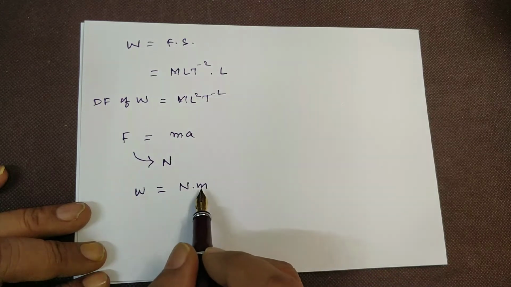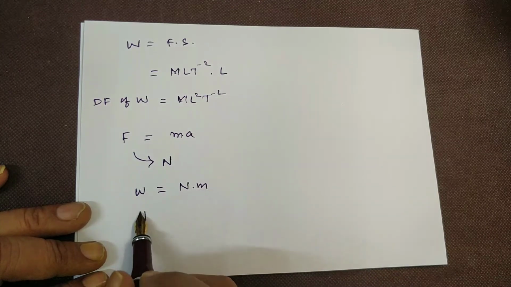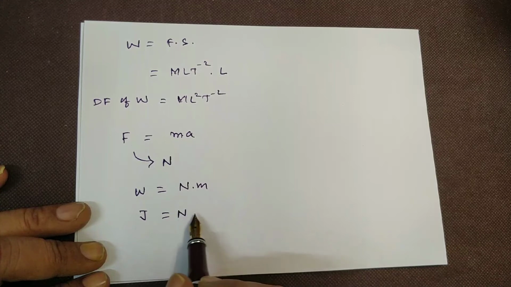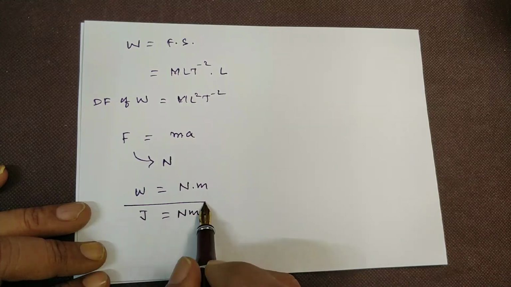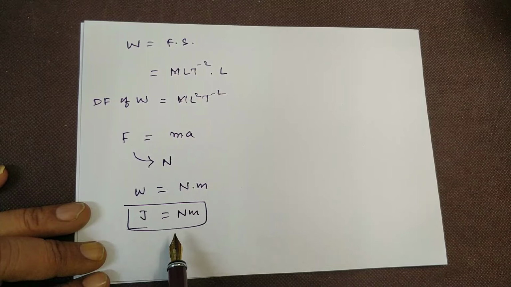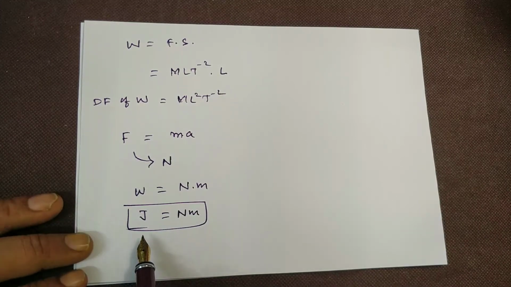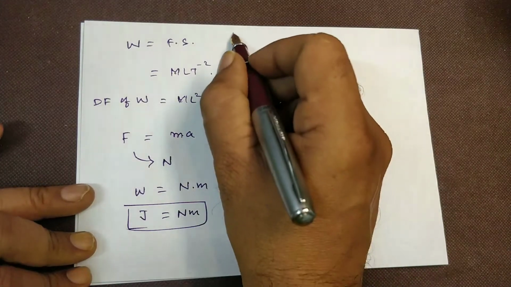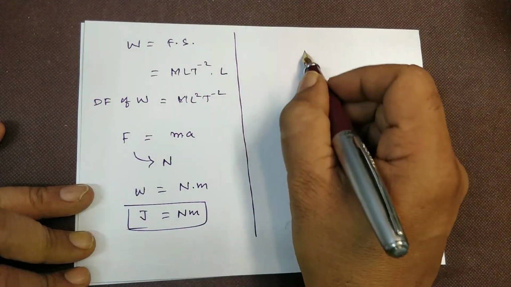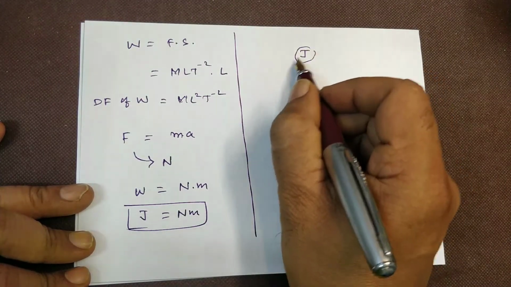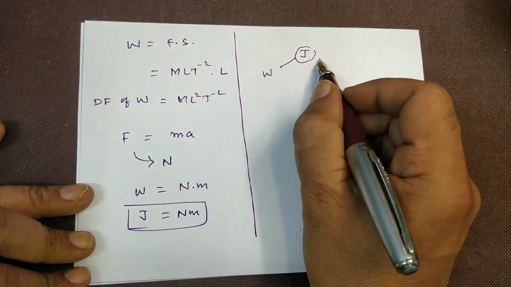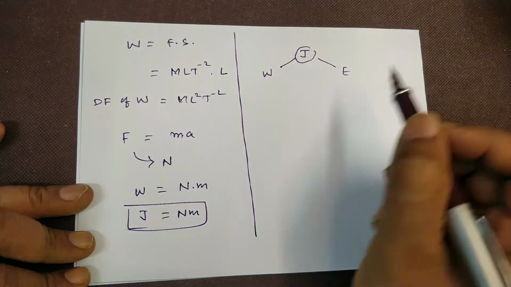This Newton meter is called joule. So 1 joule is equal to 1 Newton meter. Therefore, it can have the common unit. Joule is a common unit for work and energy.